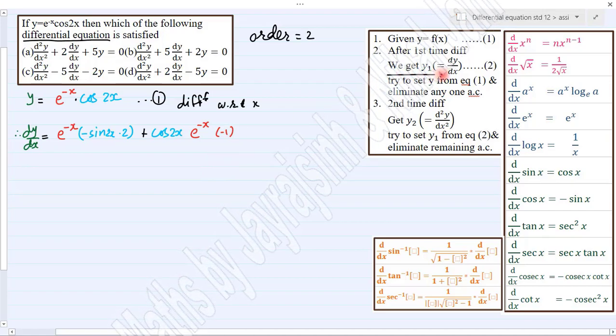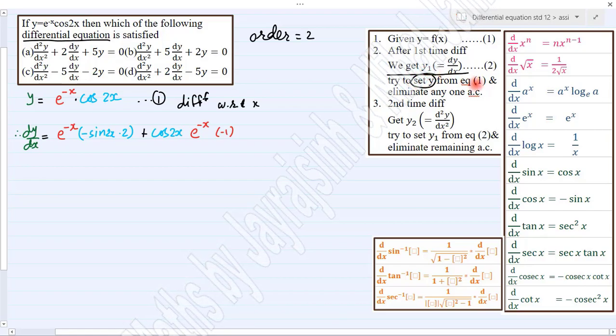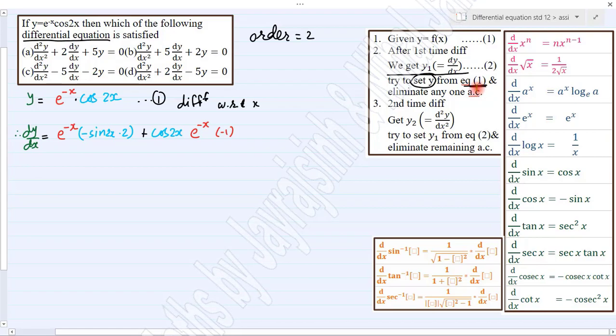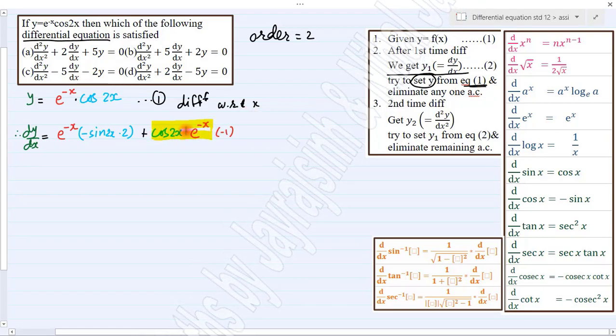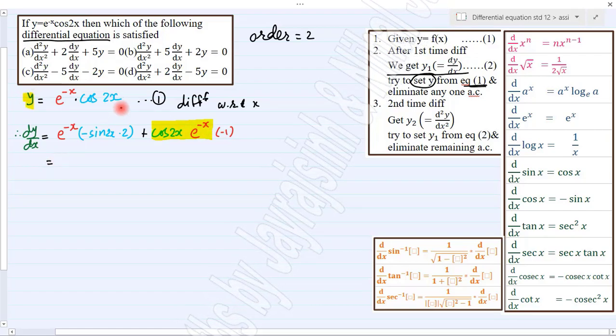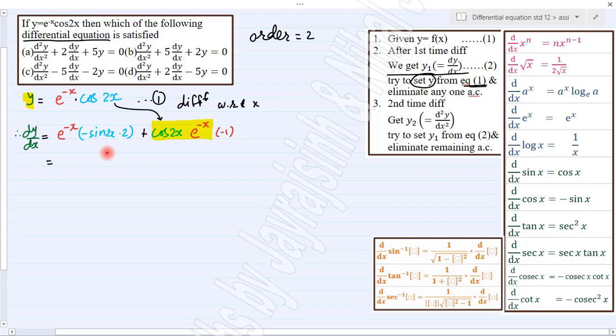Now, once we get dy by dx, we need to set y from equation number 1, and we know that in equation number 1, it is given that e raised to minus x into cos 2x is simply y. So, let's substitute the value of y.